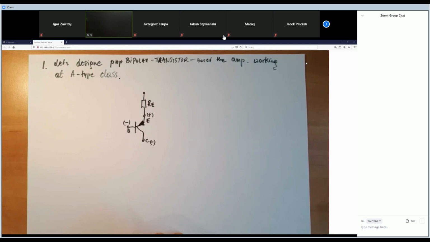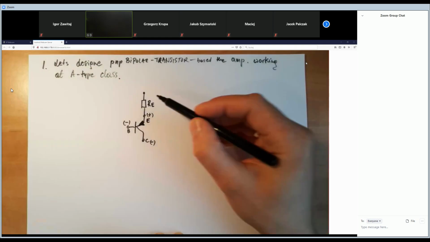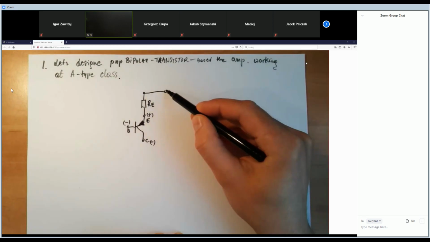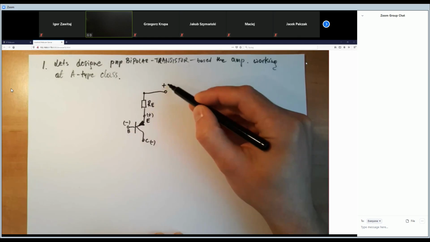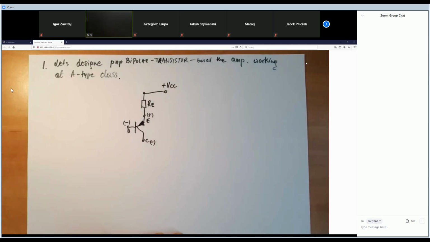However, I don't want to talk a lot about the stability of the amplifier because I think you will have a special course about electronic circuits. So it doesn't matter. This point should be plugged into plus VCC, the DC supply voltage.